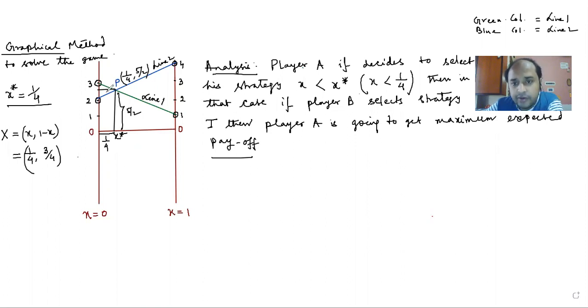And you, without giving a thought to the problem, select your strategy 1, then actually you are choosing from line 1. You are sticking to line 1. And if I remain less than x star, then I'm going to get some sort of expected payoff from this particular green line, this portion. Okay.